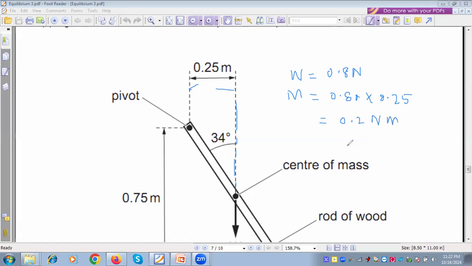And using 0.784, if g is 9.8, 0.784 into 0.25 gives us 0.196 Newton meter.